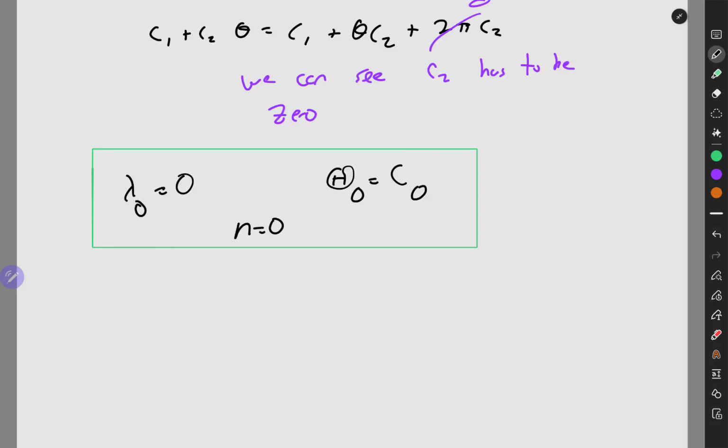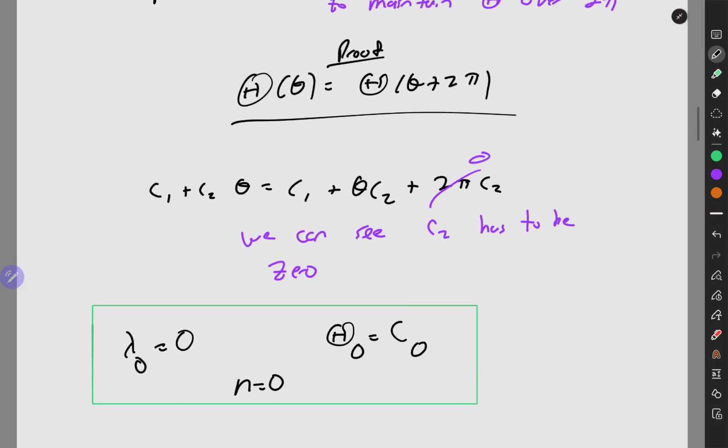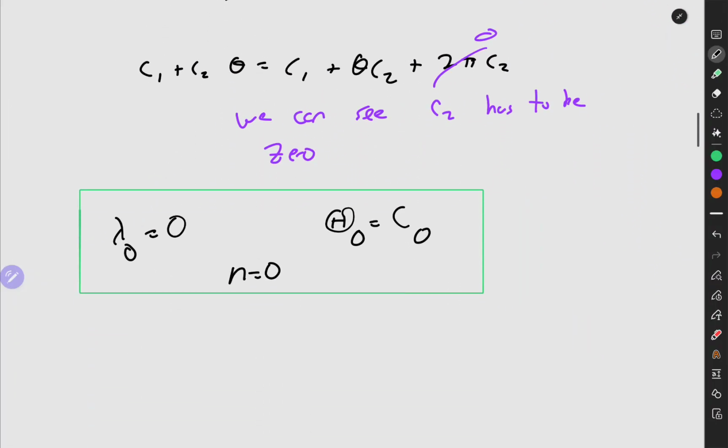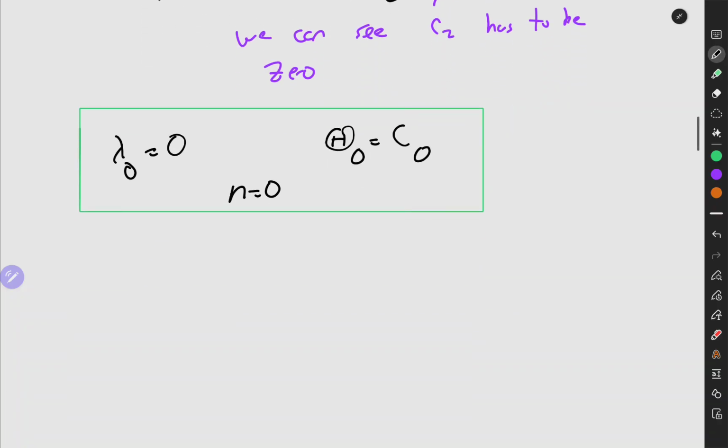The reason it's n equals 0 is because this part of the solution defines that it's constant throughout, no matter what value n you're on. So it's always going to be added on to the summation. So it's constant. That's why n is 0.